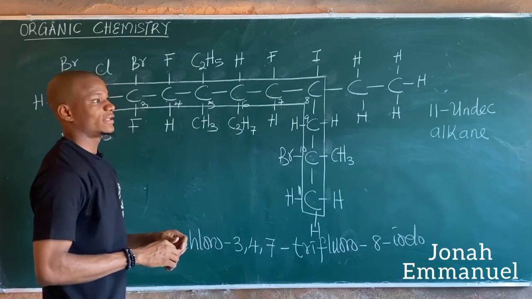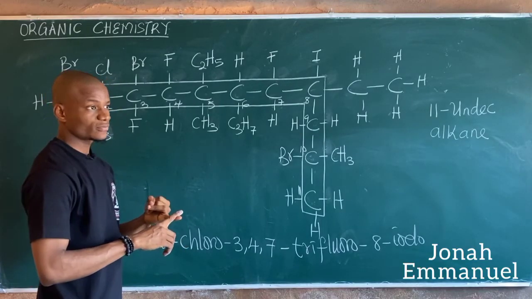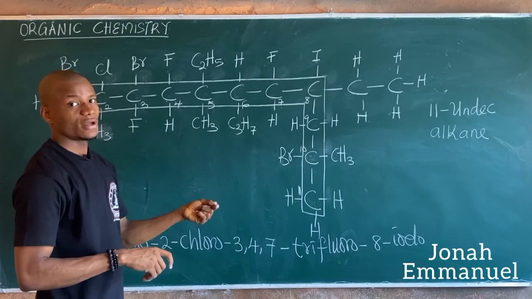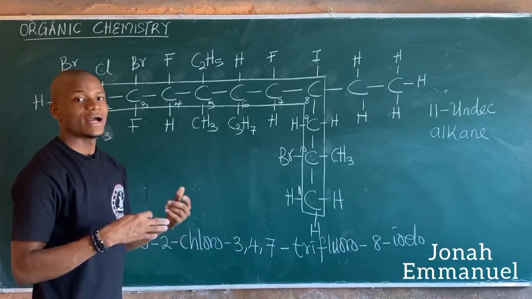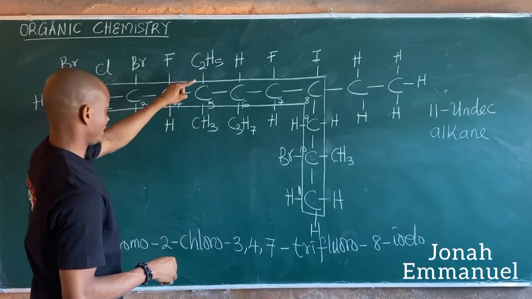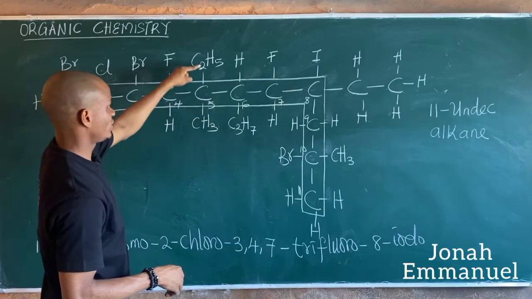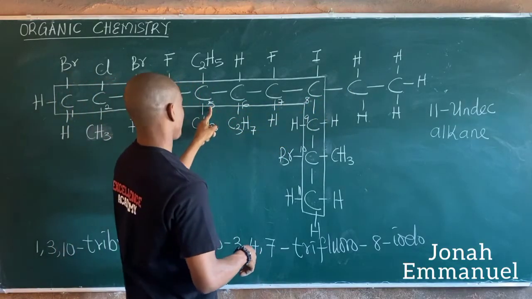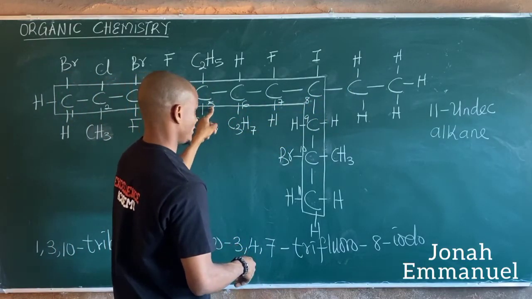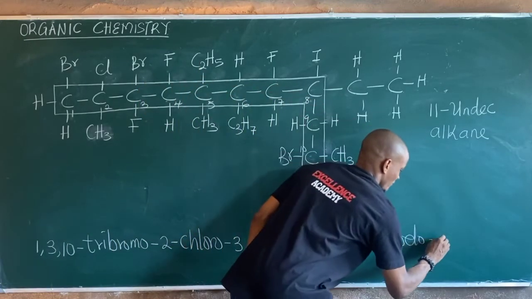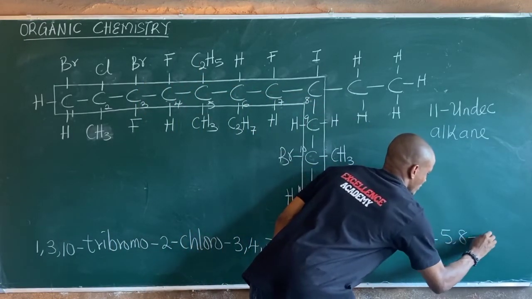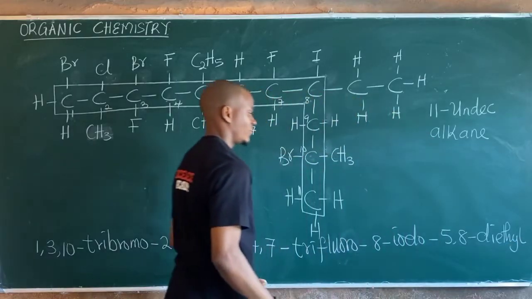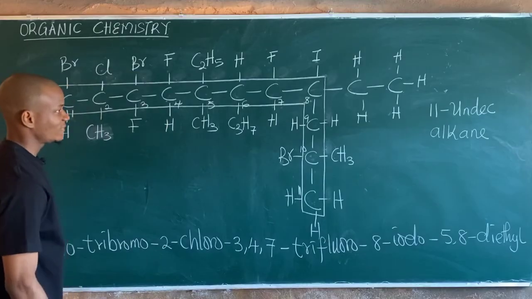From alphabetical order, I'll take ethyl before methyl and then propyl: E, M, and P. Ethyl is at position 5 here and 8 here. So it becomes 5, 8 diethyl, that's 2 of ethyl.